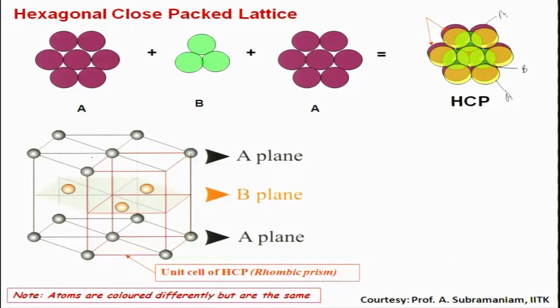And the one unit cell that you see is the smaller one, which is the red one, called a rhombic prism. So in this case there will be one atom at 0 0 0, another atom at 1/3, 2/3, 1/2, and this is a primitive lattice.